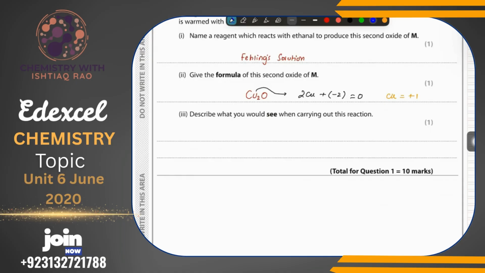So the blue solution, that was the original color, goes to a reddish brown precipitate.